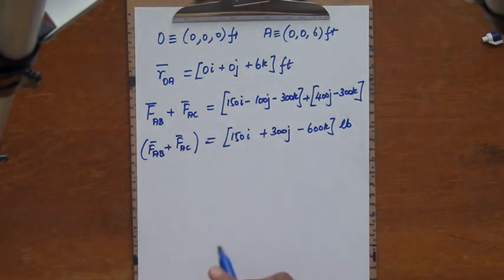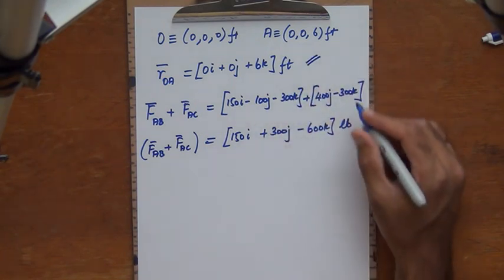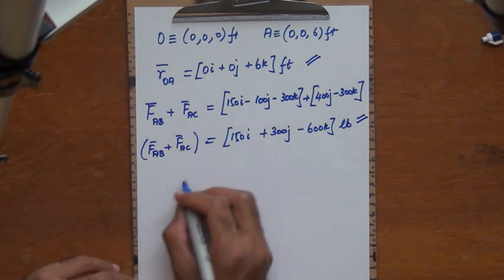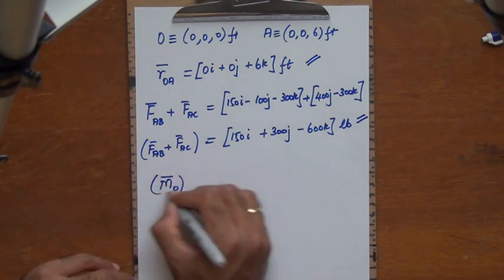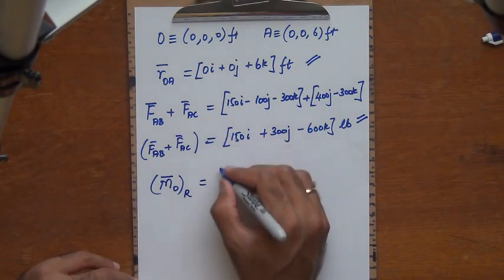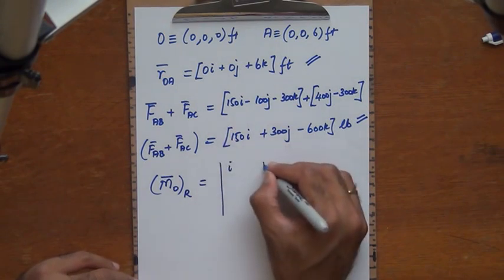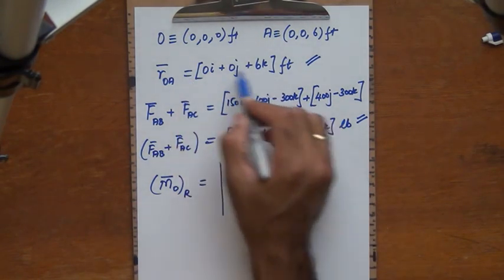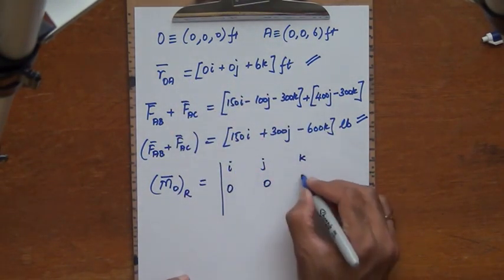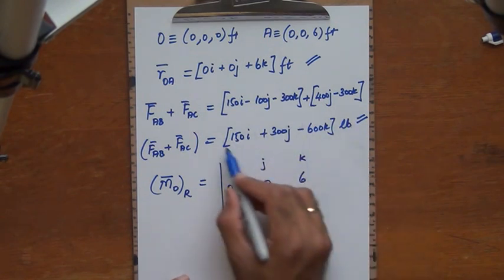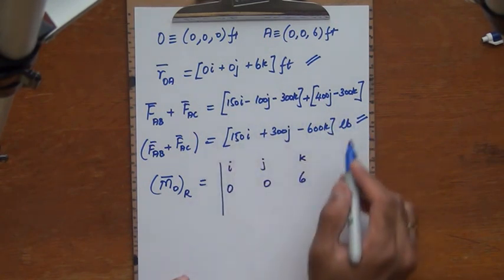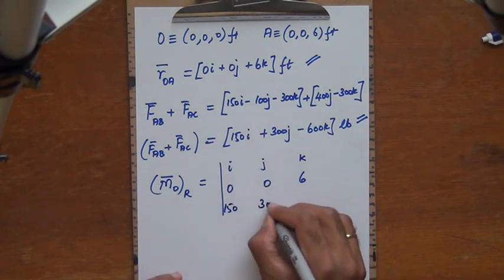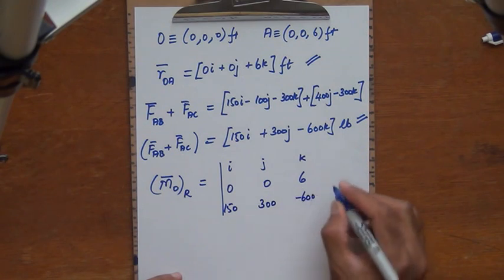Resultant moment is the cross product of the position vector and the resultant force here, and so you see MO resultant, I'm going to look at it from the determinant, first row i, j, k, second row of the determinant is going to be the position vector here, which is 0, 0 and 6. Third row of the determinant is going to be the force vector that we computed by adding up these two forces, so that's going to be 150, 300 and then minus 600.